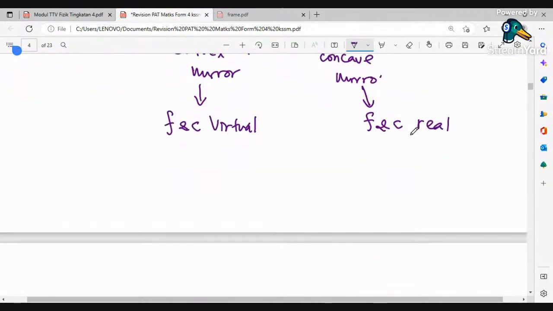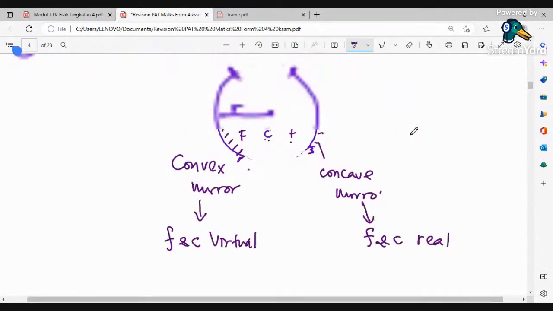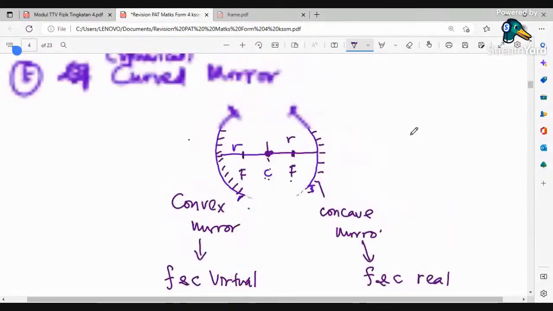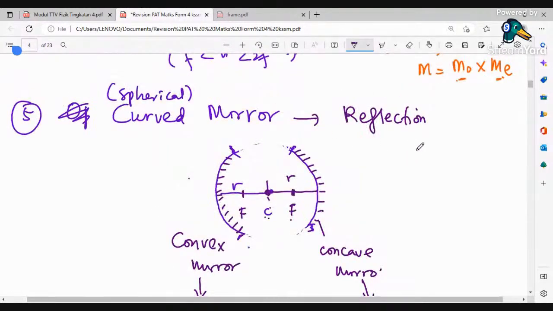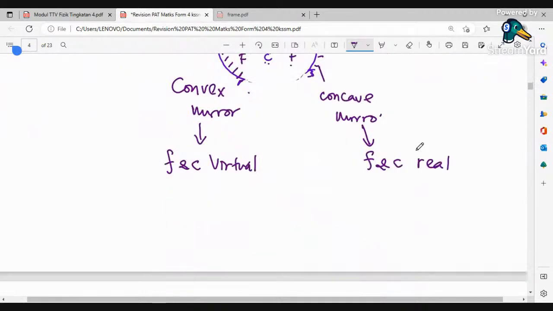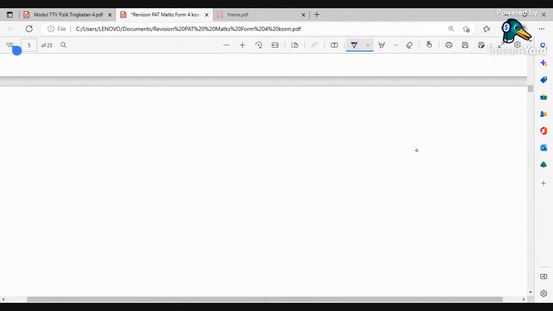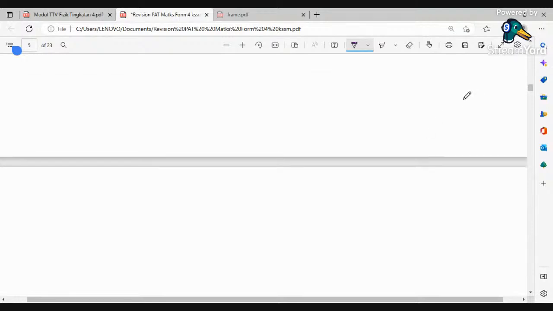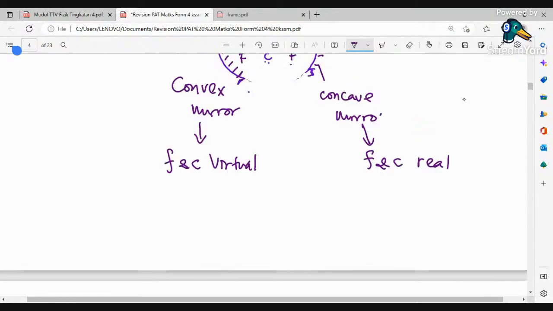So convex dengan concave mirror. Okay, if you want to draw the ray diagram, you must apply concept of reflection. Kalau lenses, refraction. Okay, so for convex mirror, we call it diverging mirror. Diverging mirror. Ini ialah.